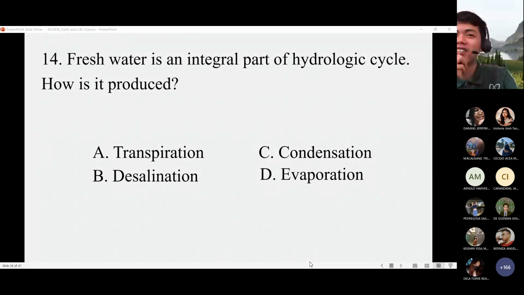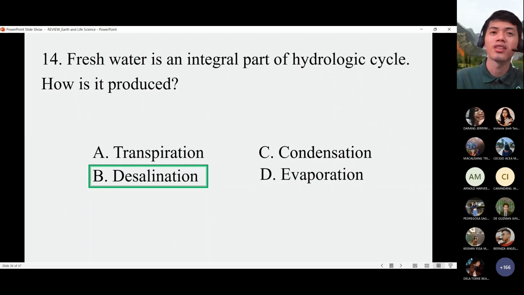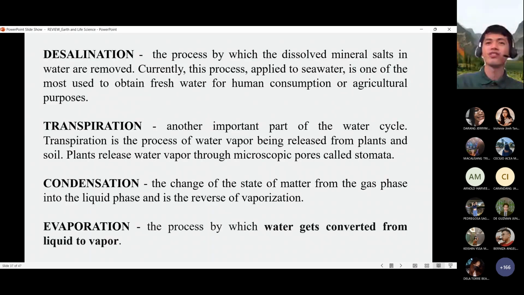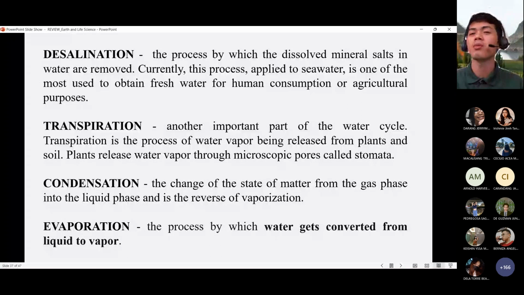D. Okay, let's see. The correct answer for this question is letter B, desalination. Take note that transpiration happens, for example, in our plants. The pores, or the stomata of the leaves, are present at the bottom part of the leaves, where most of our stomata are.